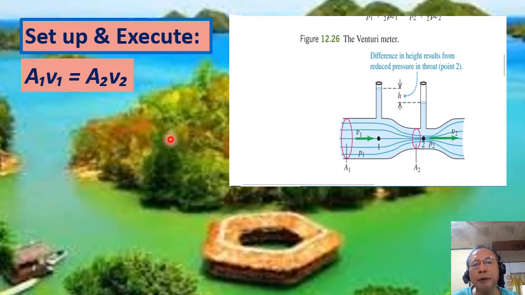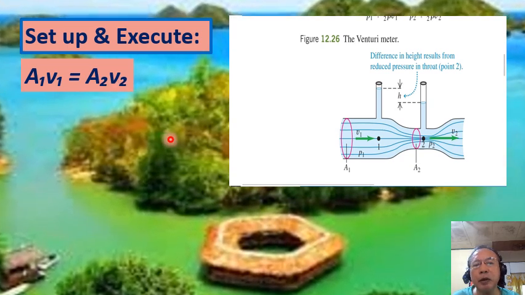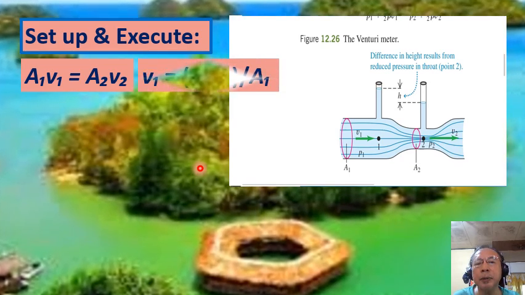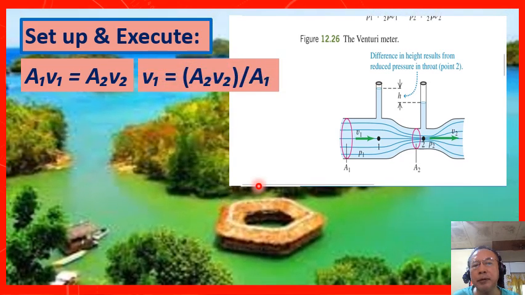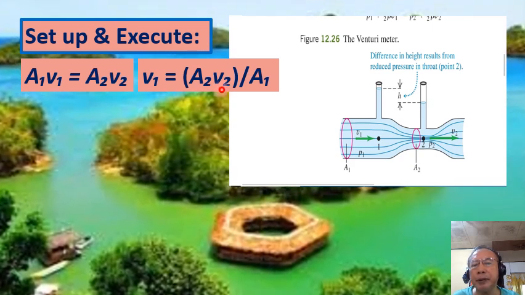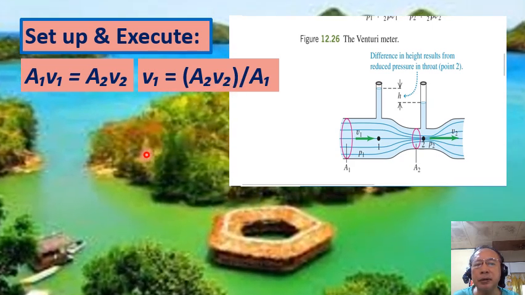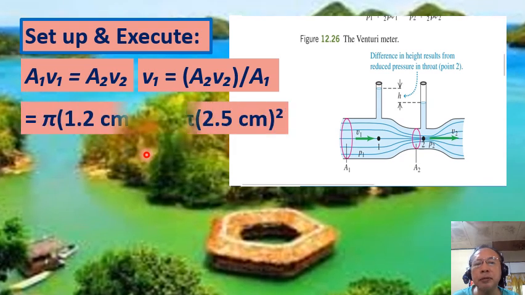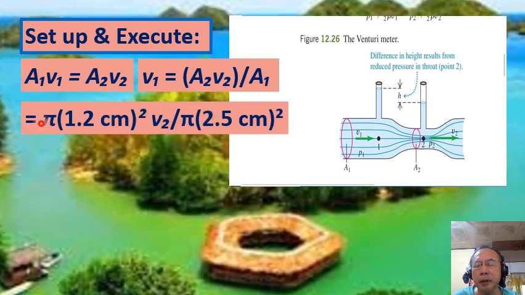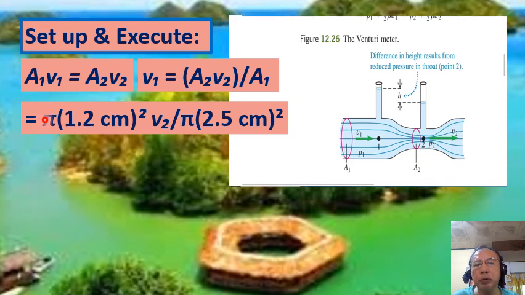And since we want an equation for determining the speed V1, all right, we isolate V1 and come up with this equation, right? So that when we substitute, V sub 1 can be expressed as the product of A sub 2, all right?